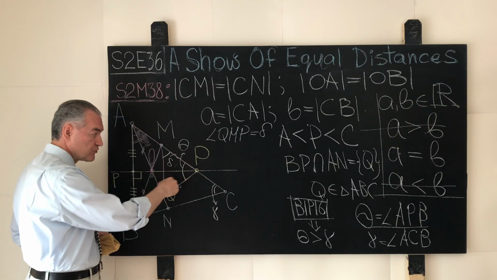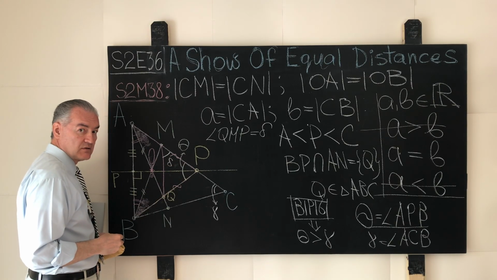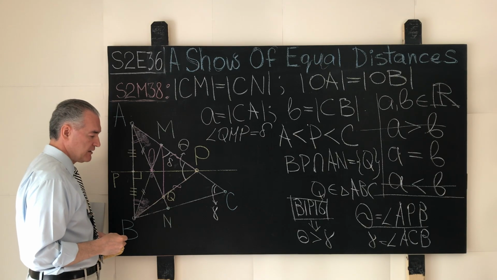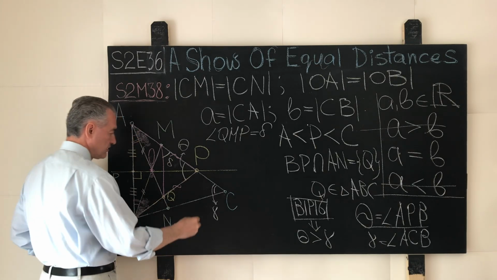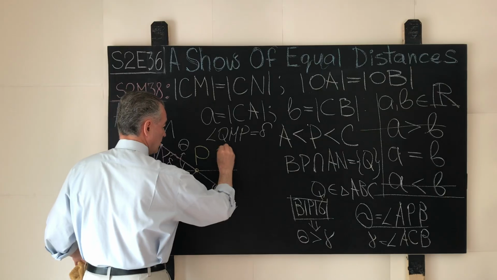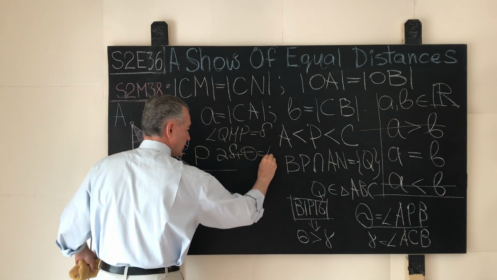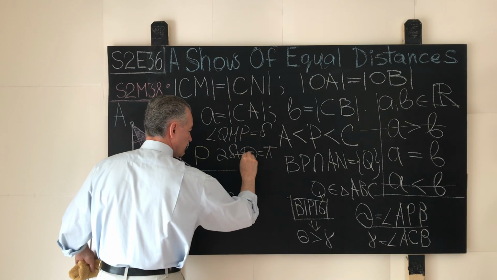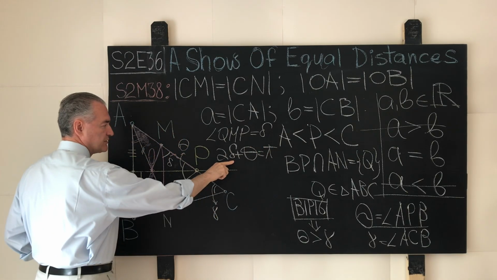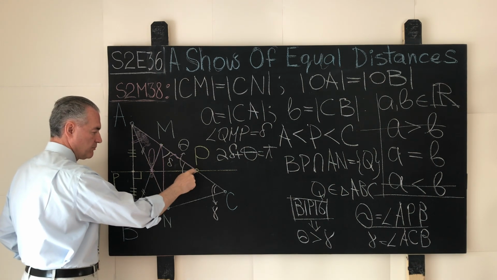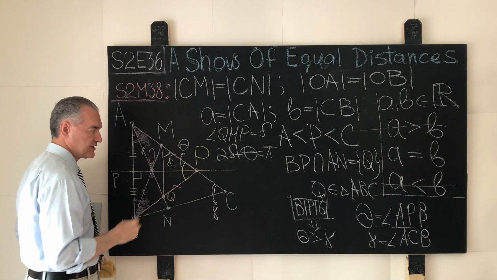Well, the magnitudes of the interior angles in any Euclidean triangle sum to pi. That means 2 delta plus theta is equal to pi. Would you agree? This is from the triangle MPQ, which is isosceles.